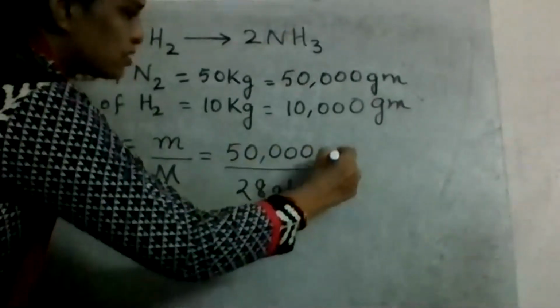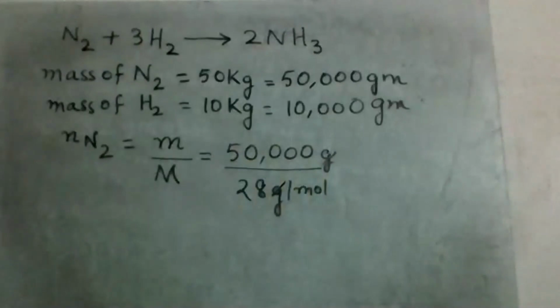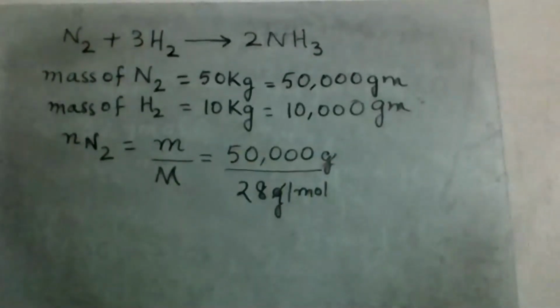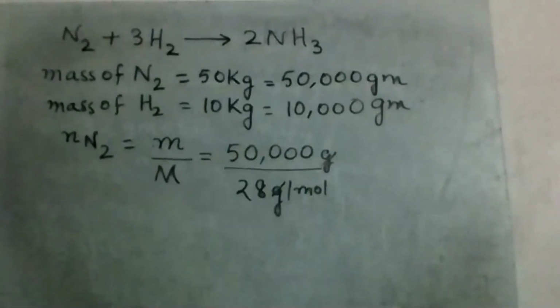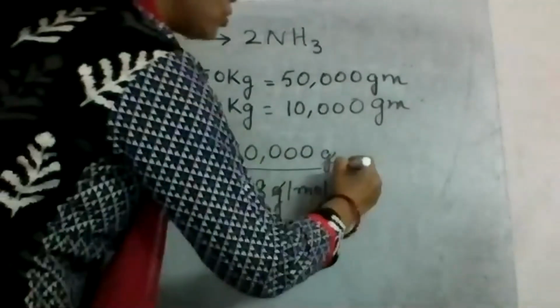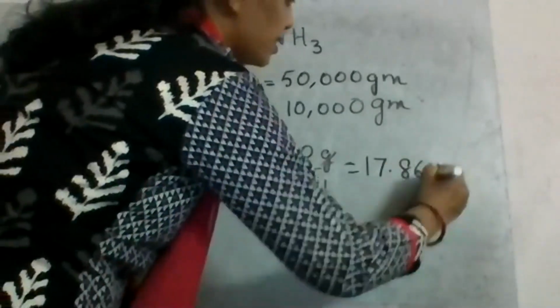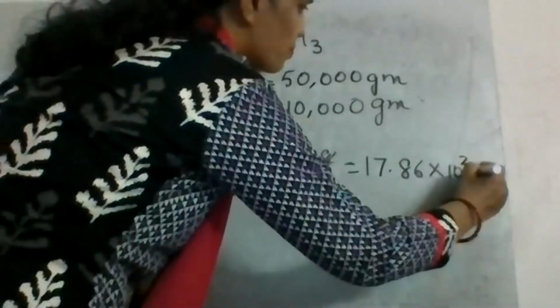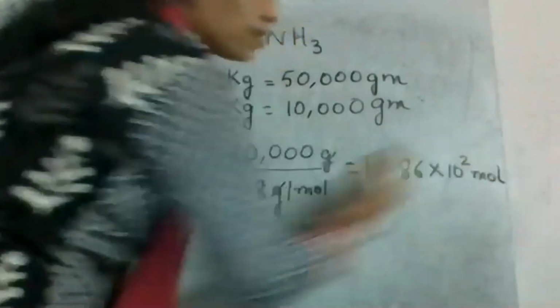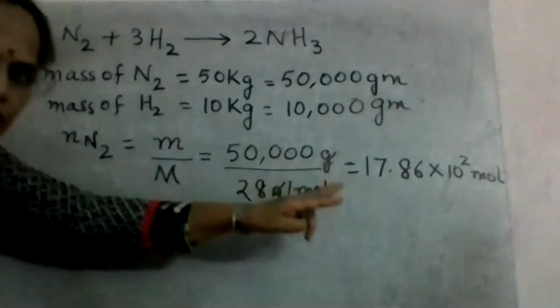So we get the number of moles of nitrogen as 17.86 into 10 raised to 2 moles. Hope till here it's clear for all.